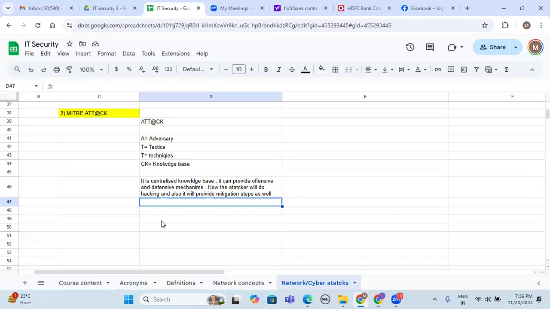So nothing but here, what type of tactics, techniques and procedures the attacker is using.